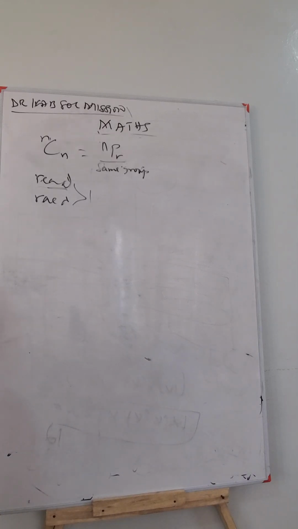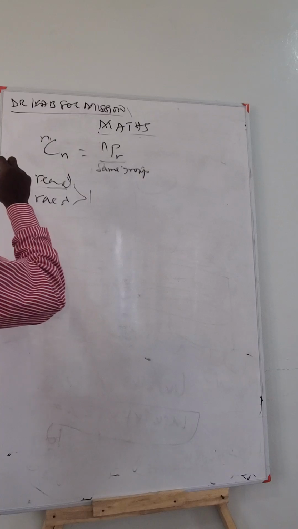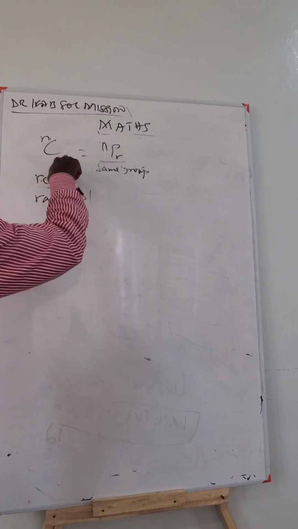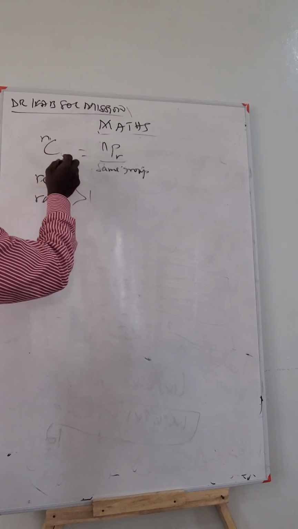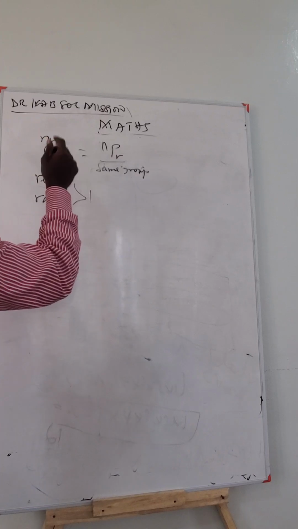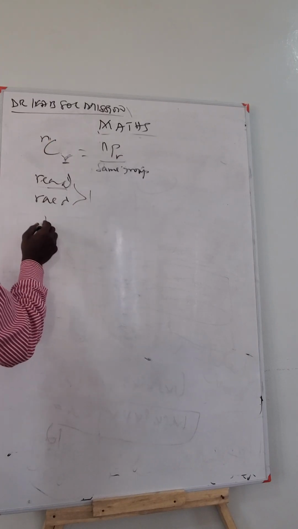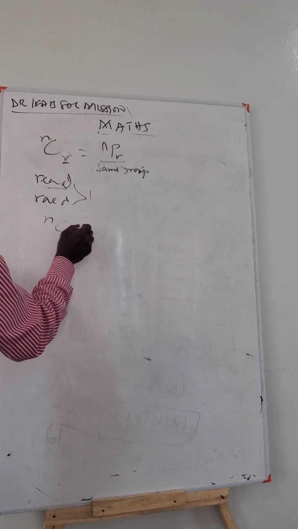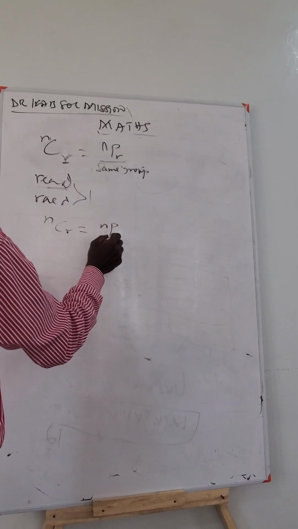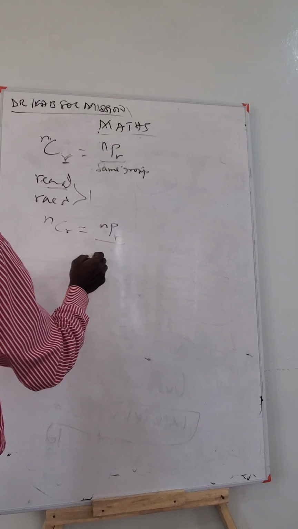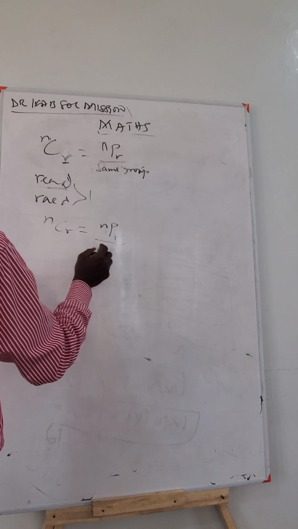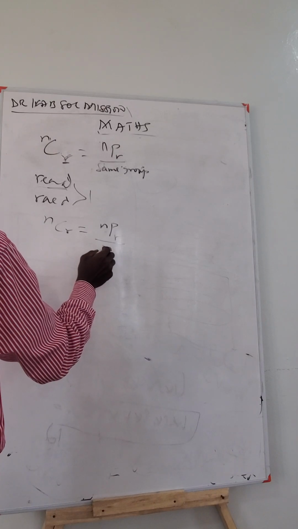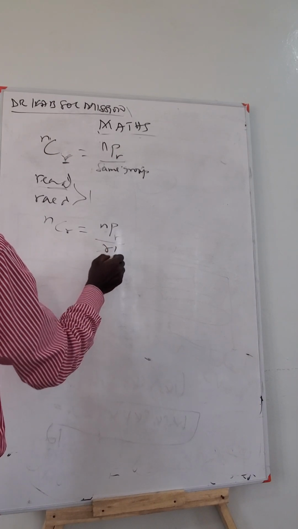Now what do you mean by the same group? The same group will mean the number of words that you are arranging there. That is R. The number of spaces that you are doing the arrangement in is the same. So n choose R will become n pick R over R factorial.